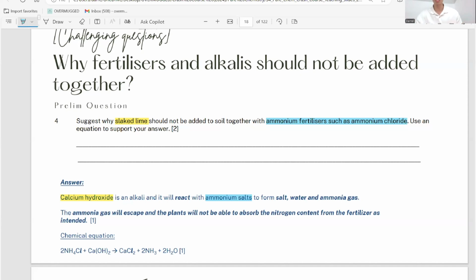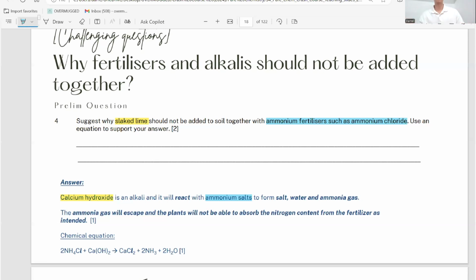I need you to recognize that the ammonia gas, which is NH3, will escape. It will just float away. The nitrogen that was supposed to go into the soil is now floating away. The alkaline that was supposed to react with the acid went to react with the fertilizer instead. So what is the outcome? The farmer did nothing. He ends up with an extremely smelly farm because ammonia is pungent.